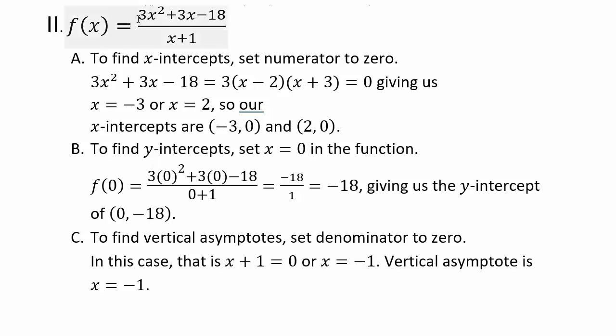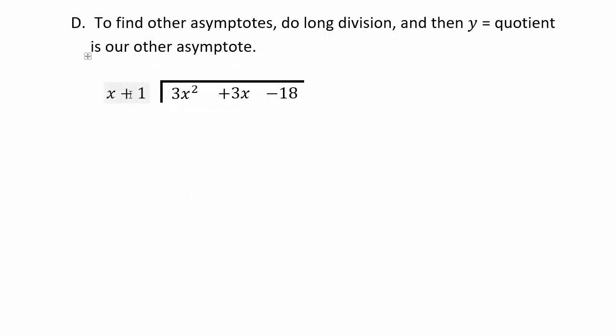To get the other asymptotes, we'll have to take this and do long division. So let's go ahead and do that. We have x plus 1 and our numerator. X times 3x is 3x squared. X times 1, 3x times 1, is 3x.